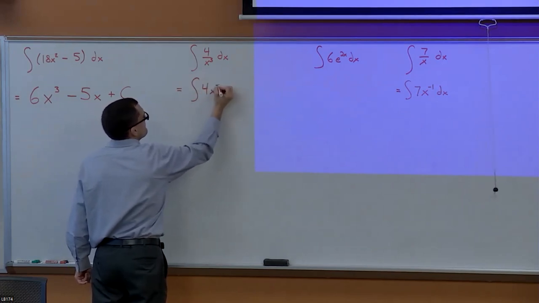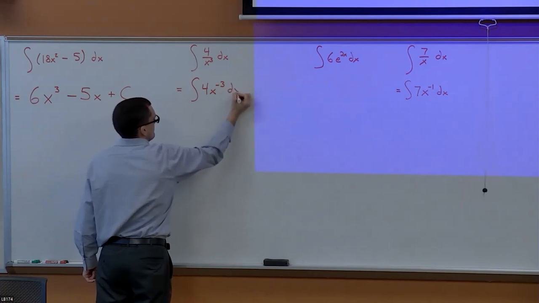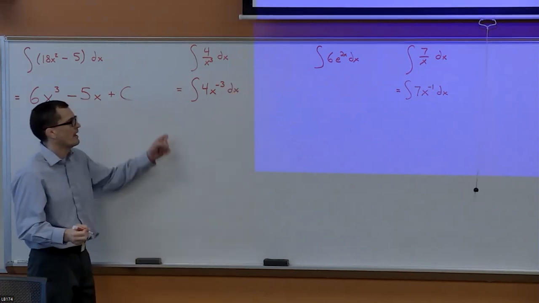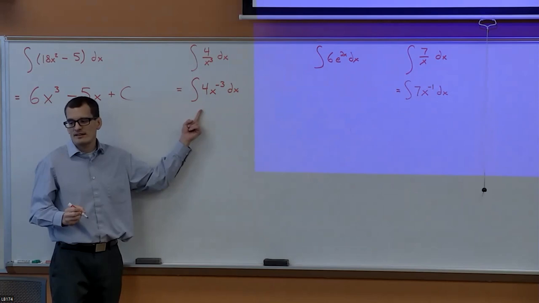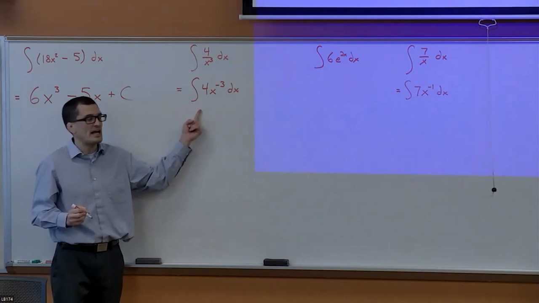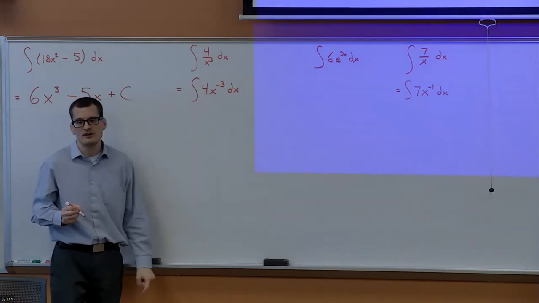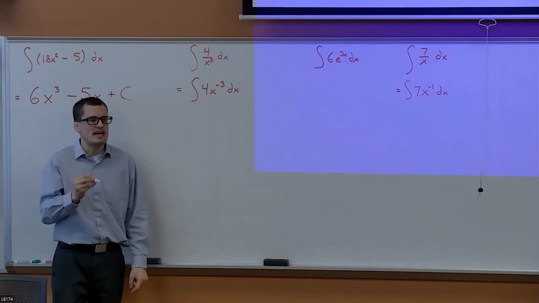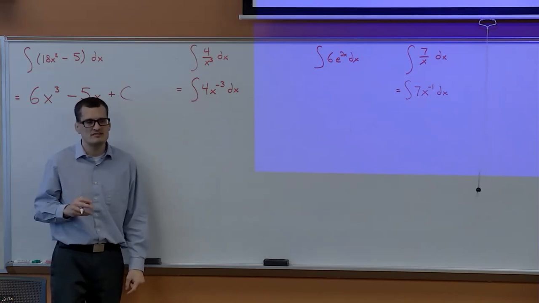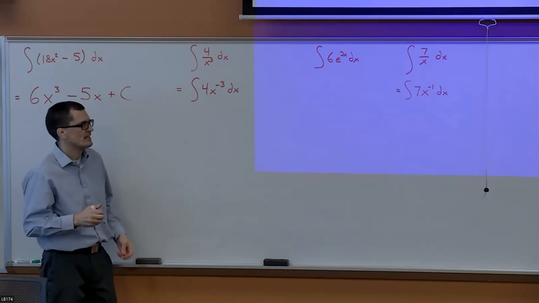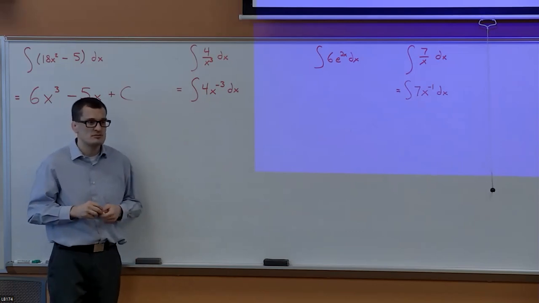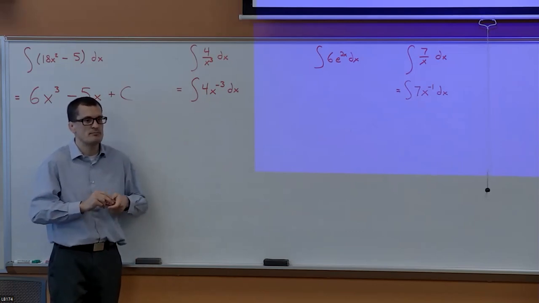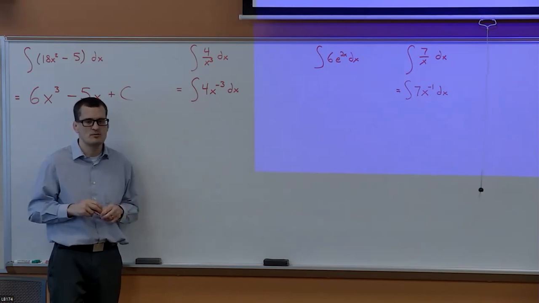Here, I can rewrite this one as 4x to the negative third. Then I can use the x to a power rule. Again, sometimes it's not precise language, but I improperly will say, oh, that's the polynomial rule, because that's the rule you use always with polynomials.